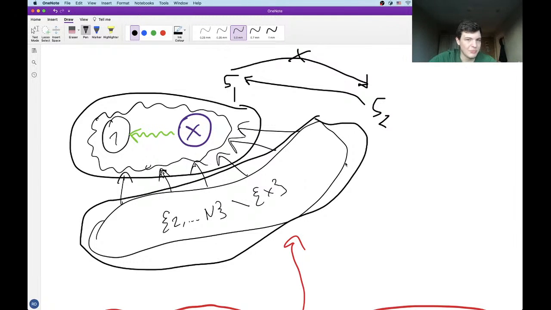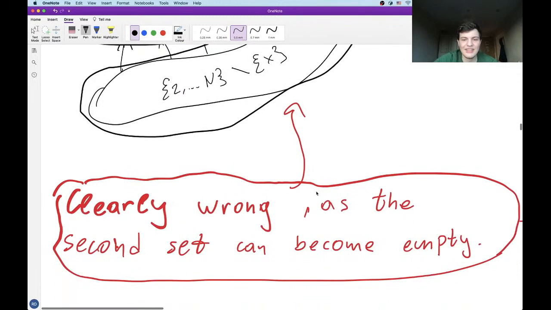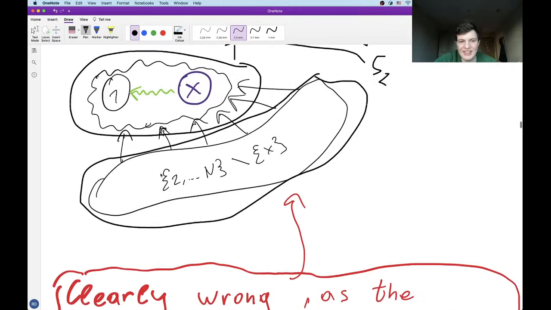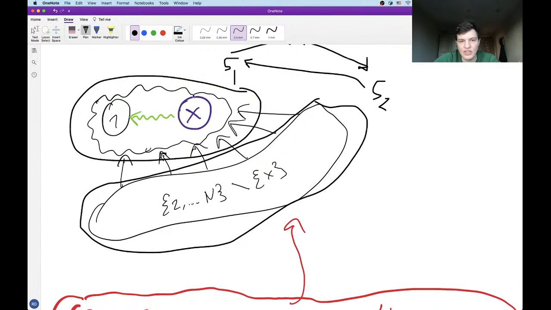Using this procedure, we basically have a solution, but we have one pretty large flaw, which is that the second set may become empty after a certain point, because we'll just do our procedure, but now we'll have just 2 vertices here. This increases the number of bad edges, because now all edges that contain x will also be bad.